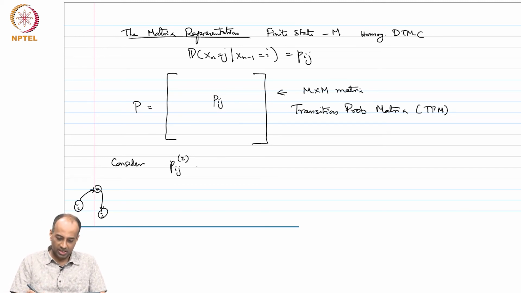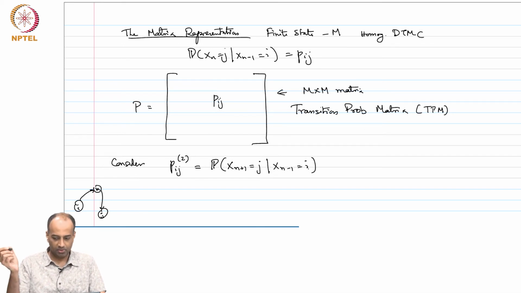So, as you can see, you can just use the theorem of total probability, all right. So, you are just looking at, let us write it this way, X(n+1) equals j given X(n-1) equals i, all right. So, this is the definition of Pij(2).